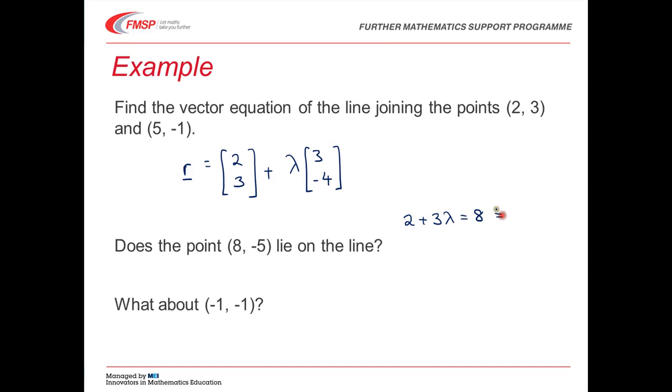That means that lambda must be 2. If lambda is 2, then the y component is 3 minus 4 lambda. That's 3 minus 8, which is -5. So yes, (8, -5) lies on the line.